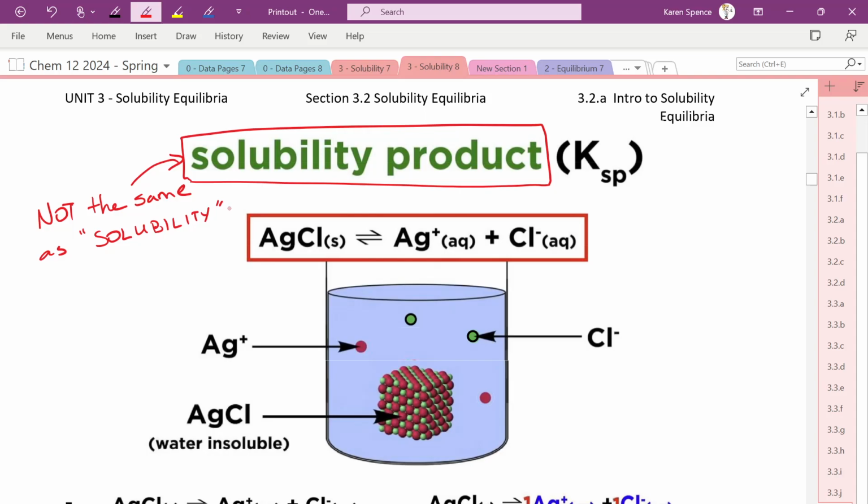Yes, take the good copy. So we've written this is our solubility equilibrium equation. That's what we call it, our solubility equilibrium equation.